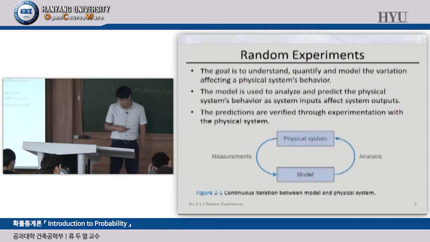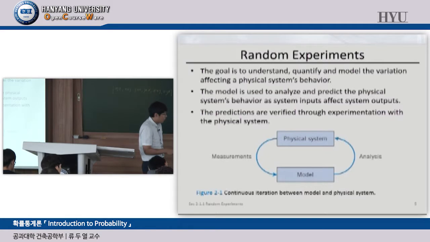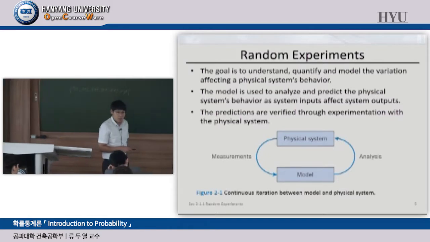And this is the typical description of the relationship between the physical system and the model. Firstly, we can perform the experiment based on the physical system, and then we can obtain the result or data from the experiment. Based on the measurement, such as data or conclusion, we can propose a model, for example, based on the regression analysis, as I mentioned in the last class.